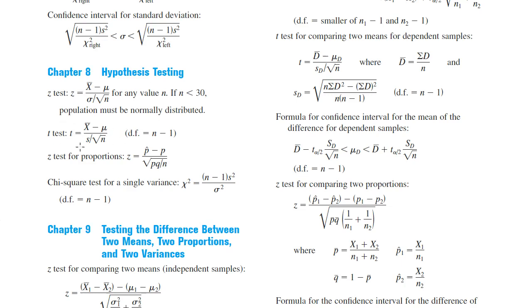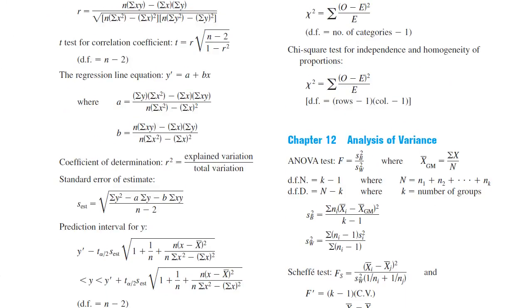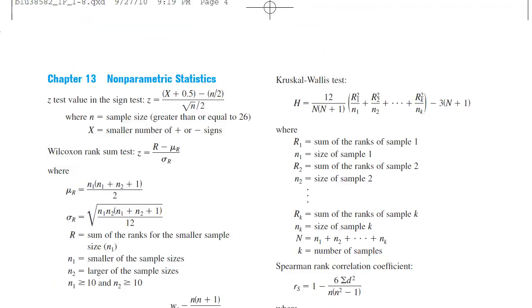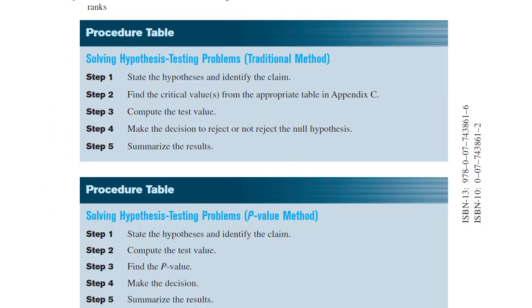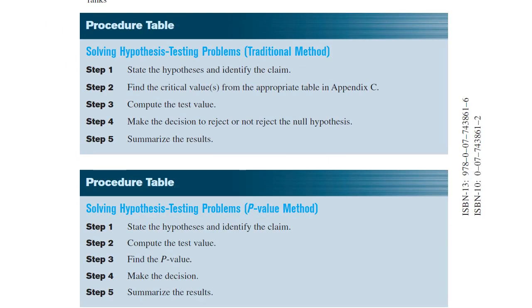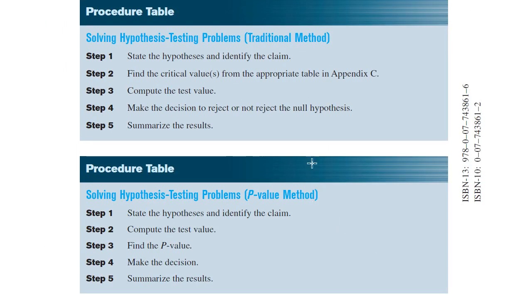For the t-test, this is if we don't know the population standard deviation. We know the sample standard deviation, and the degrees of freedom here would be n minus 1. Something else to draw your attention to, further down on this formula sheet, there are two methods that we cover to do hypothesis testing, and the procedures are on this formula sheet as well.